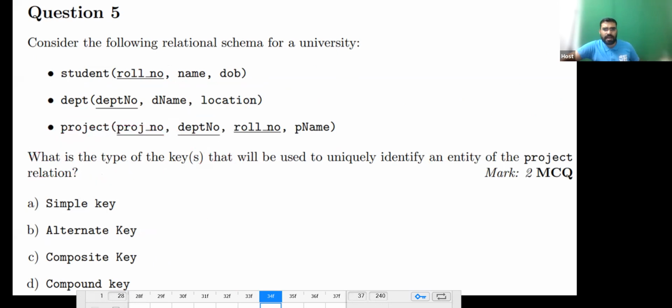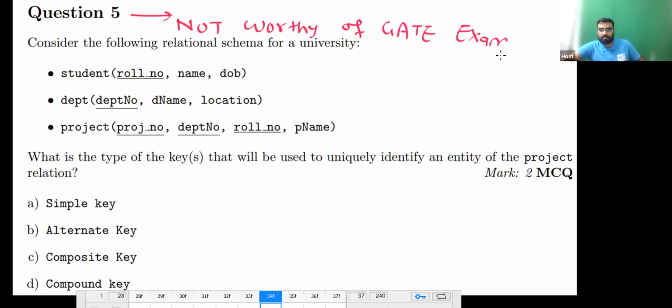Again, I want to tell you that this type of questions is not worthy of the GATE exam, not even 0.1%. So don't worry about this type of question.